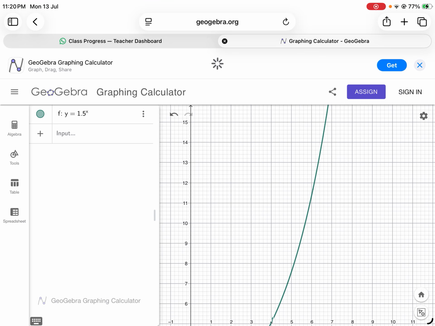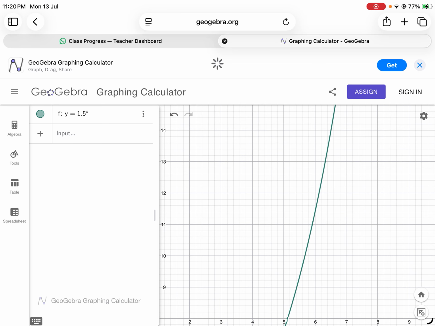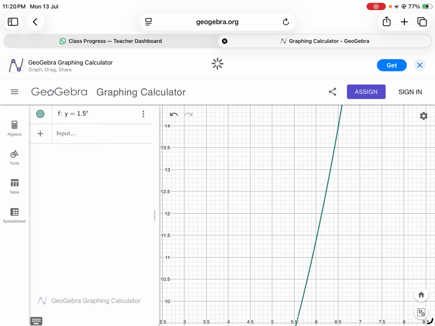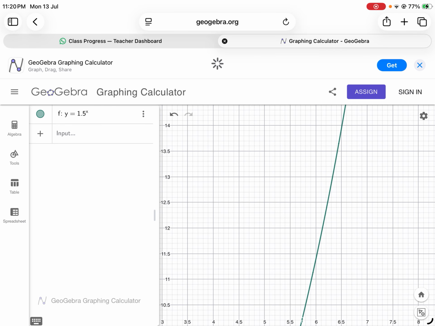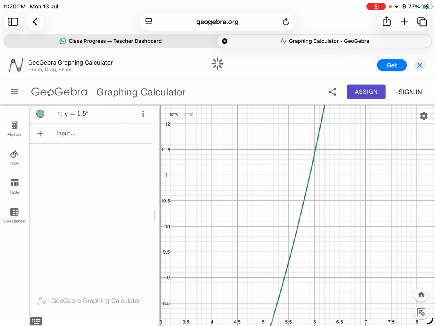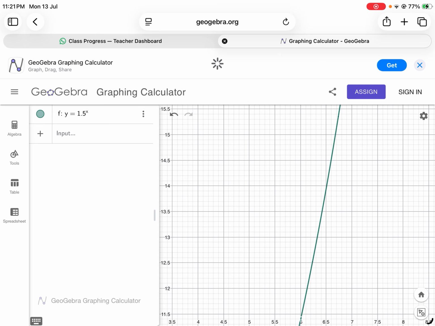So by right, 6.2 will coincide with this point, which will give us 13.6. Can you see? It should be this point. 6.2 should be around here.